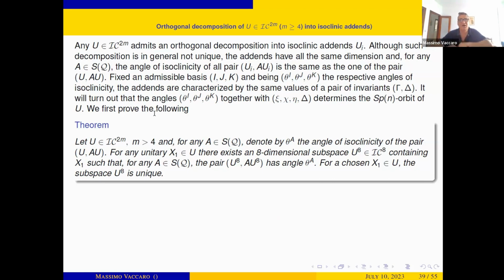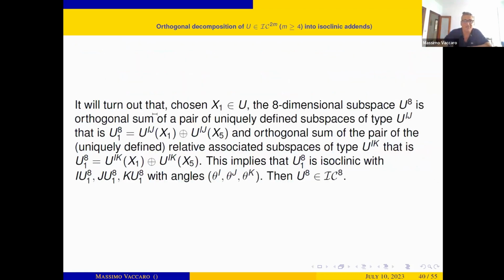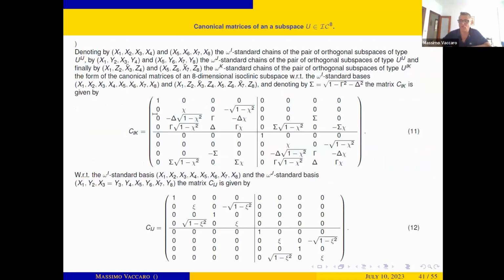For a chosen x1, the subspace is unique. So let's derive the matrices. I don't show now how to build the basis because it's just boring. And the two matrices in the end will be this one, the two matrices I'm looking for. These are the matrices of isoclinic subspaces of dimension 8.